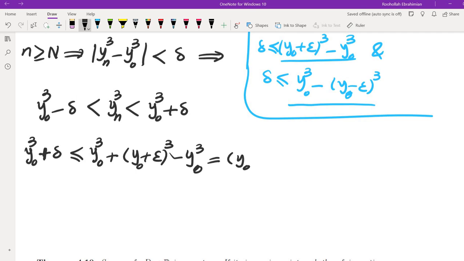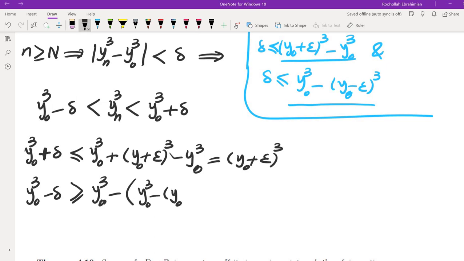So this is (y0 + epsilon)^3. If you look at y0 cubed minus delta, this is greater than or equal to y0 cubed minus delta, where delta was the minimum of two things, one of which was y0^3 - (y0 - epsilon)^3. And since I have a negative sign in front, when I look at the inequality, it would be flipped. So this is (y0 - epsilon)^3.